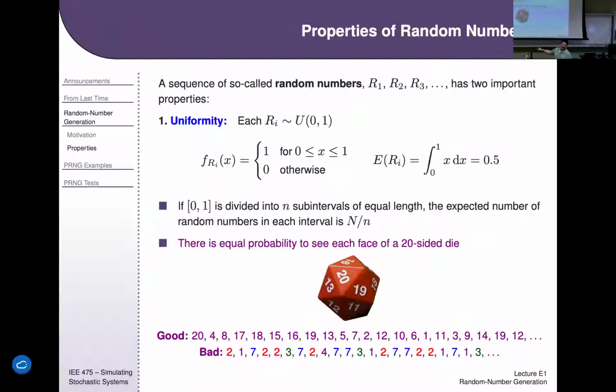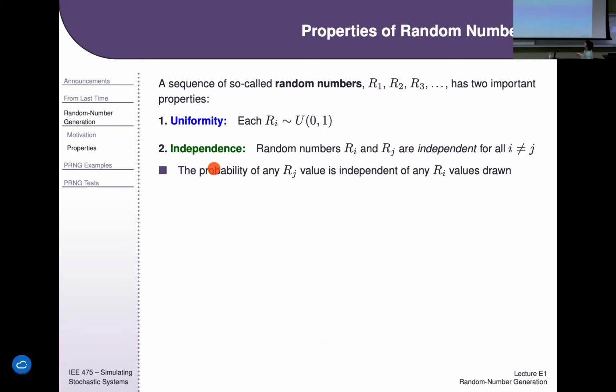So these are examples where it looks like it could be uniform, but when you actually do the rolls, it isn't. It's not a fair die. That's what I mean by uniformity. Questions about that? This property here, if we divide it into n subintervals, will be very important because that's going to be one of the key things we use to test whether we have uniformity. Okay, and then the other half of that is independence.